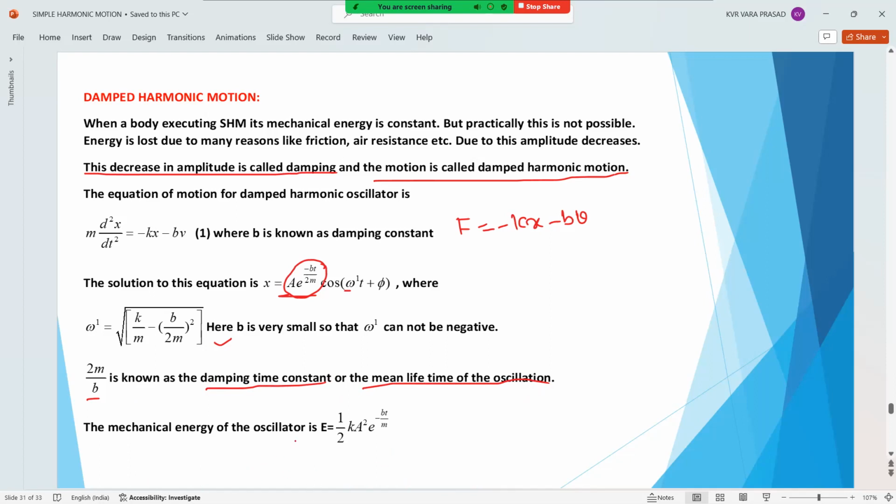Now see carefully the mechanical energy of the oscillator.